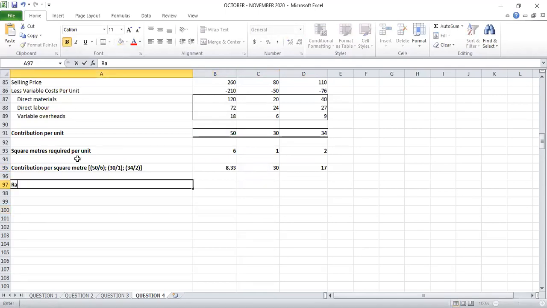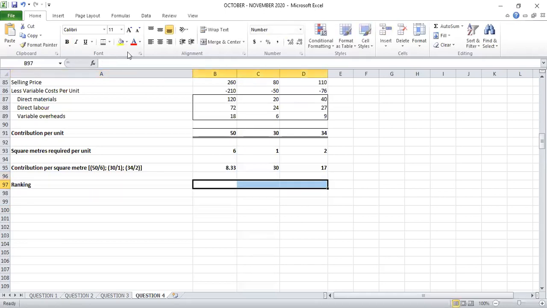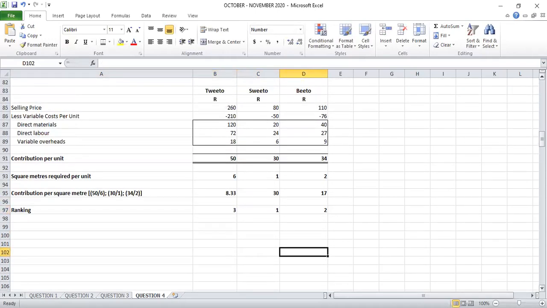Then our ranking from highest to lowest. That's number 1, number 2, number 3. So when we allocate, we should first allocate to Sweeto because it's the most profitable in terms of square meters. Then number 2, Bito.